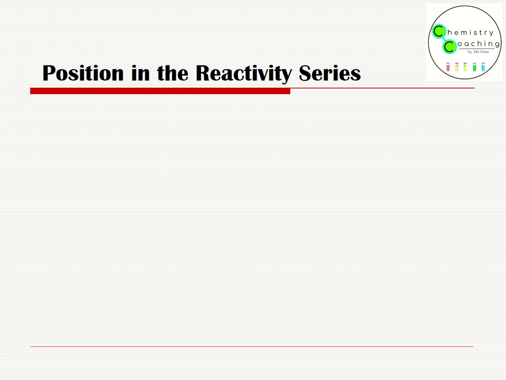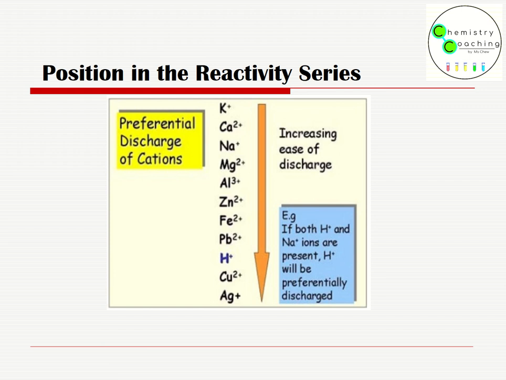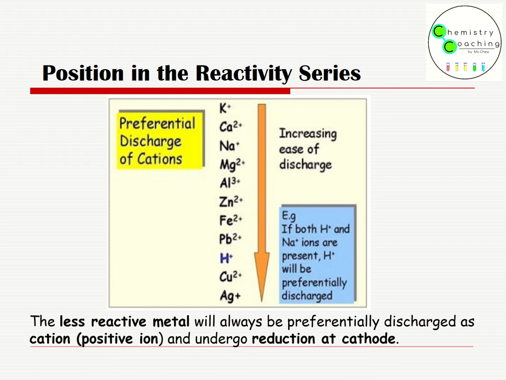Well, the ion that is selectively discharged in aqueous solution depends on the position in the reactivity series. The less reactive metal, which means the ion which is found at the lower part of the reactivity series, will be preferentially discharged. For example, when both Na+ and H+ ion are present, H+ ion is preferentially discharged because it's found at the lower part of the series.